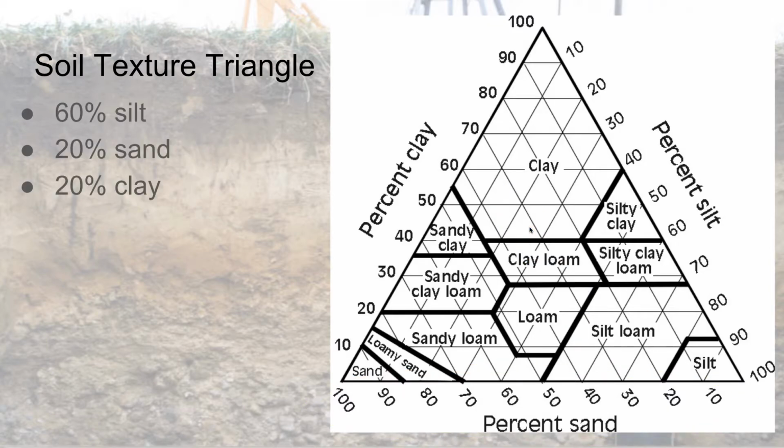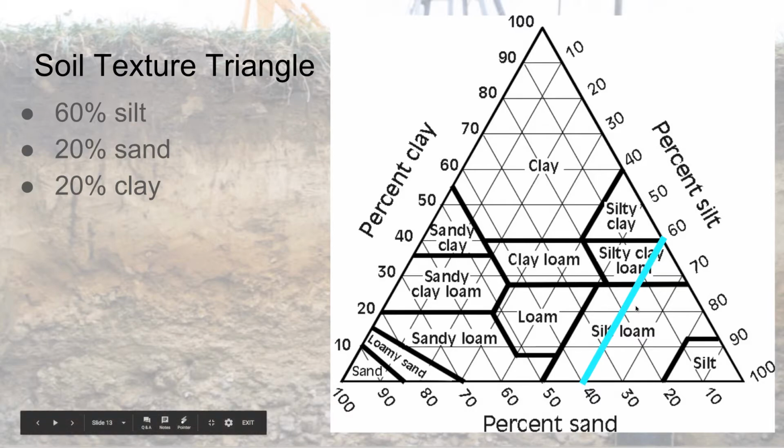Let's try a practice problem. We have 60% silt. Let's find silt. So 60% silt, here it is. And silt gets read like this. We drew a nice line in right there. Silt gets read going down and to the left. So we have our silt line. It is 20% sand. Let's find the 20%. That's going to be this line right here.